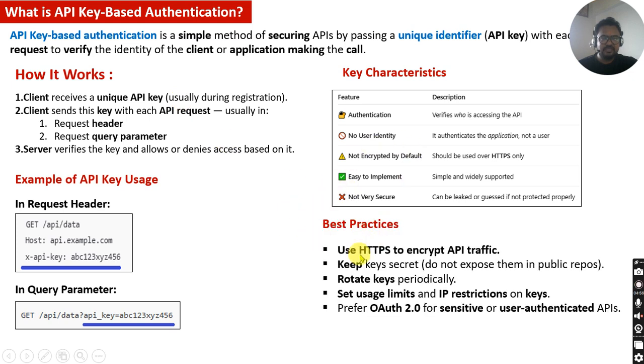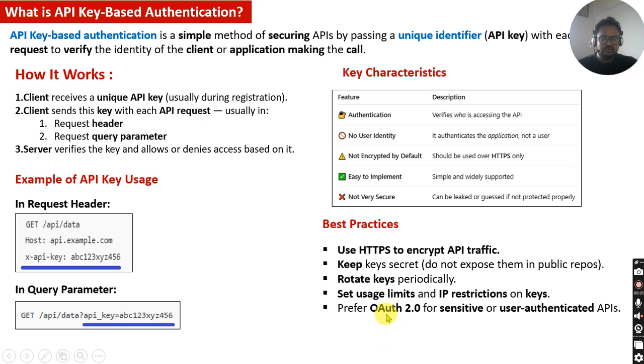Best practices: use HTTPS to encrypt the API traffic. Keep the key secret and do not disclose it in a public repository. Rotate the key periodically, like every 3 or 6 months, and I always ask the owner of the API key to change it. Set a usage limit and an IP restriction on the key, so you can only use this much data, or can only access from a list of IP addresses, whitelisted on the server side.